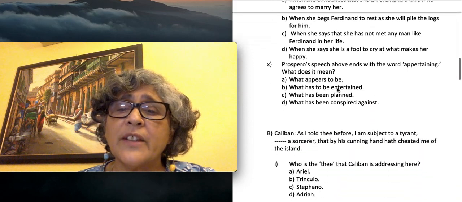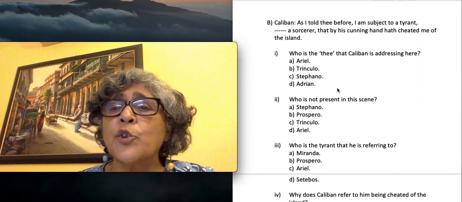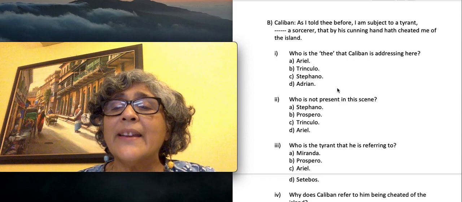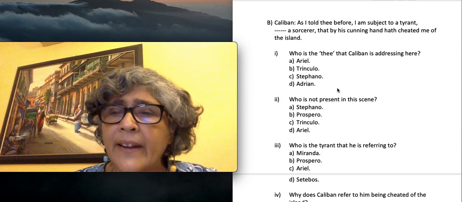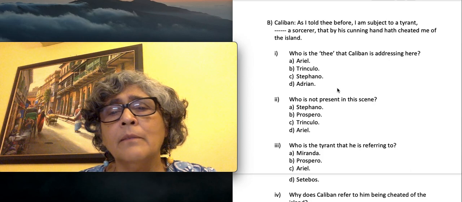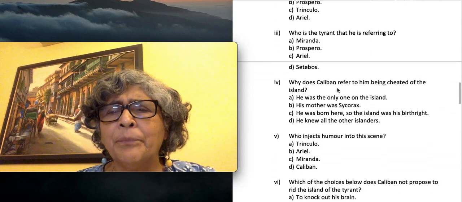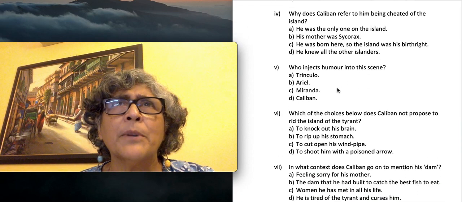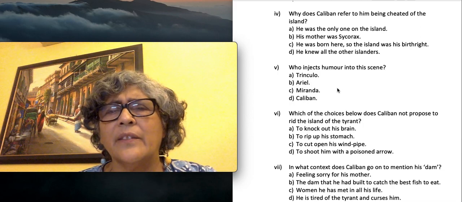The second one I've done is from Act 3, Scene 2, Caliban. "As I told thee before, I am subject to a tyrant, a sorcerer, that by his cunning hath cheated me of the island." And then again, there are 10 questions, some very direct, some slightly challenging, but I realized when I looked at the sample paper that not all of the questions were very difficult.